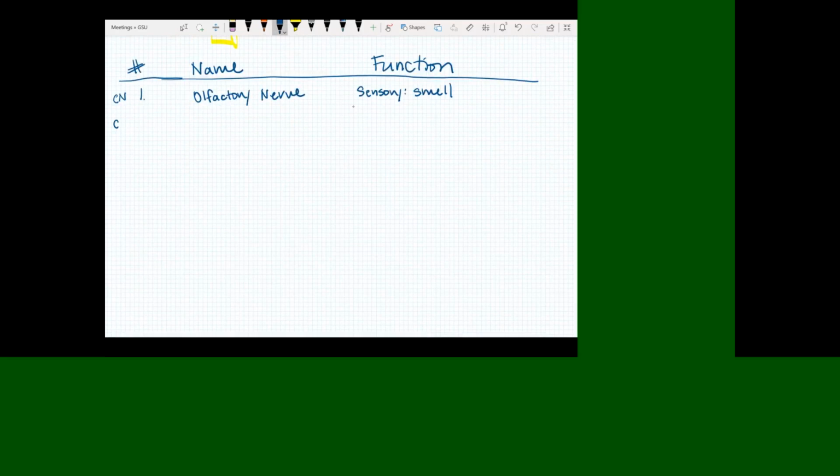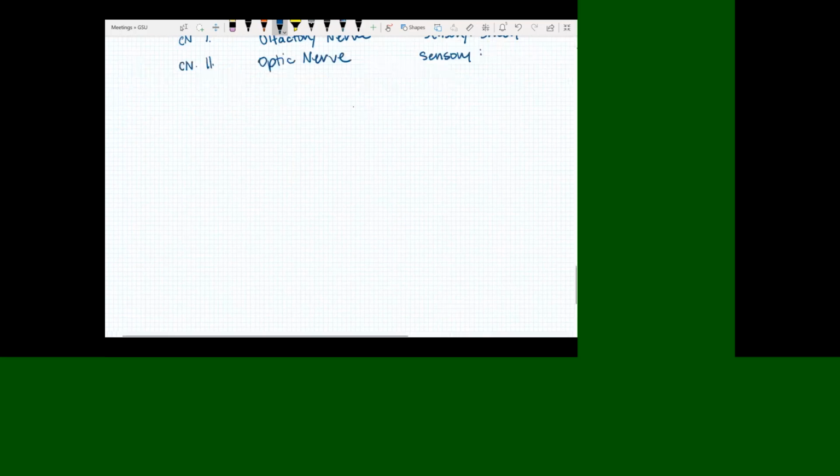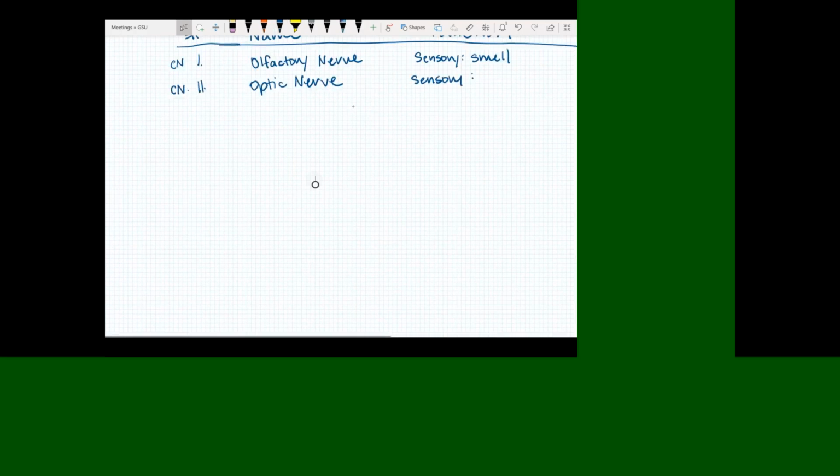The next one is cranial nerve 2, which is going to be optic nerve. So the optic nerve is going to also be carrying sensory information, but what it is carrying is going to be sensory information specific to vision. Optic. And you're going to have cranial nerve 3, which is ocular motor.